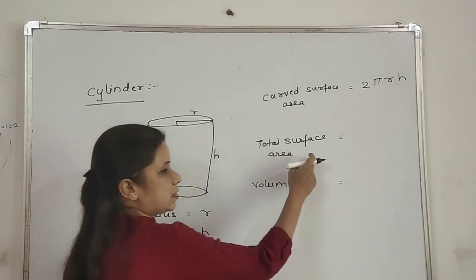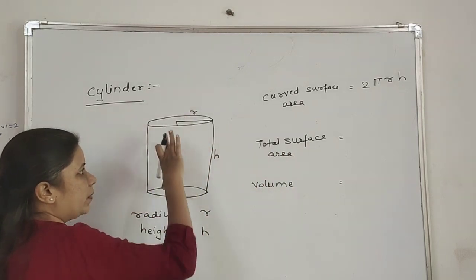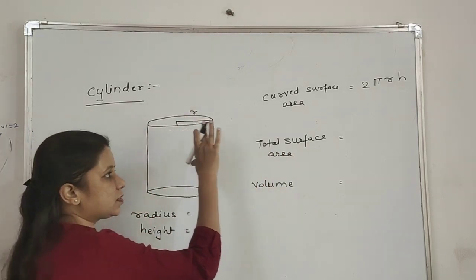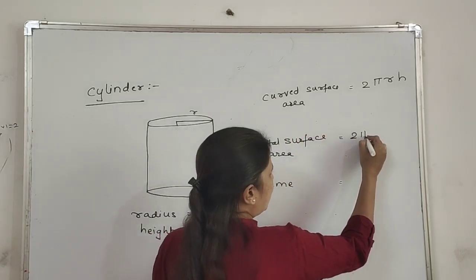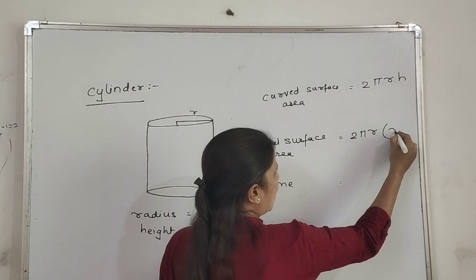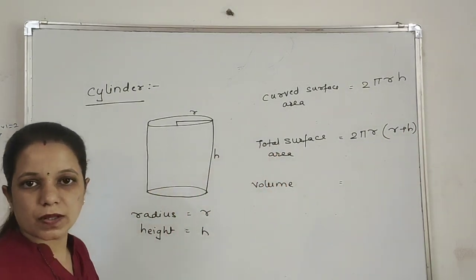Now total surface area. Total surface area means curved surface plus these circular surfaces. So that is total surface area. It is given by 2 pi r times (r plus h). Okay.